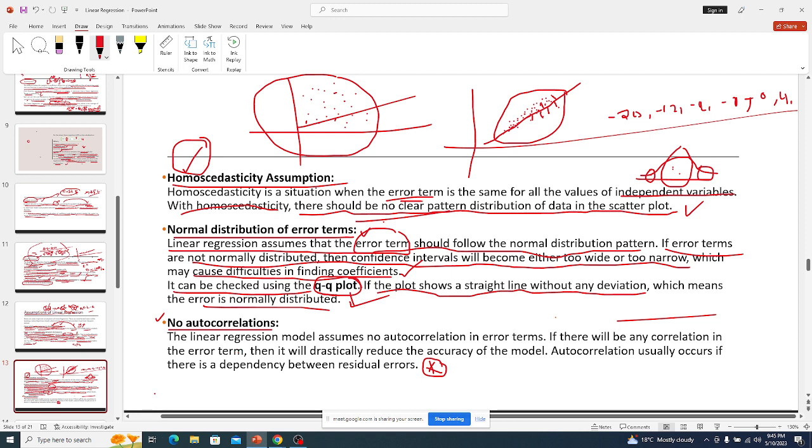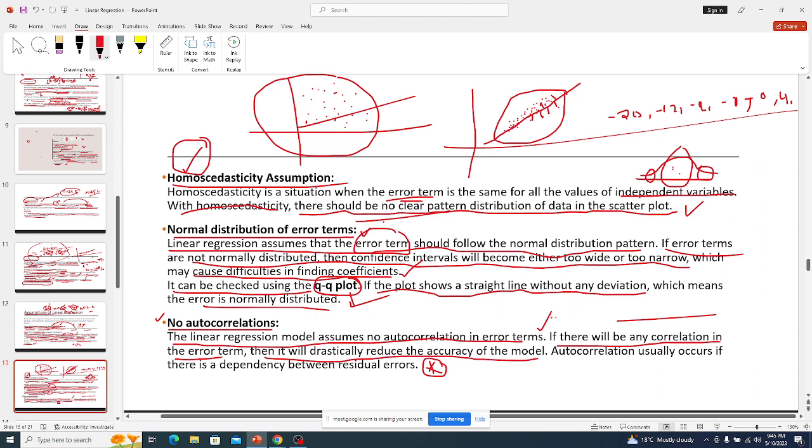So for autocorrelation, the linear regression model assumes no autocorrelation in the error terms. If there is any correlation in the error terms, it will drastically reduce the accuracy of the model.